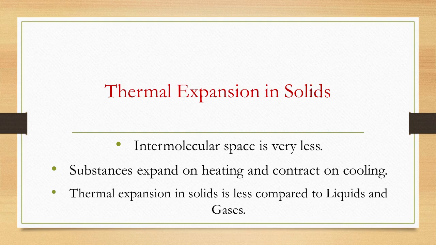And if we take a cube and heat it, all its sides expand, and the body experiences an increase in overall volume, which is called volume expansion, or cubical expansion. So these were a few points about expansion in solids.